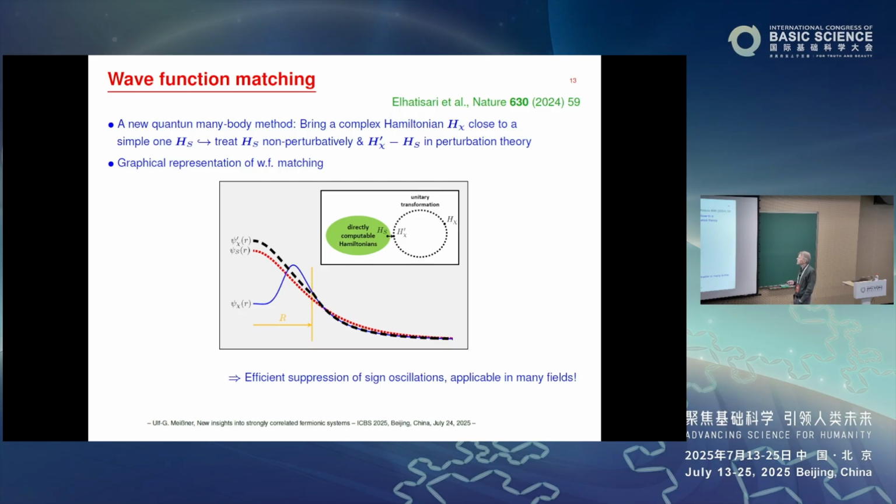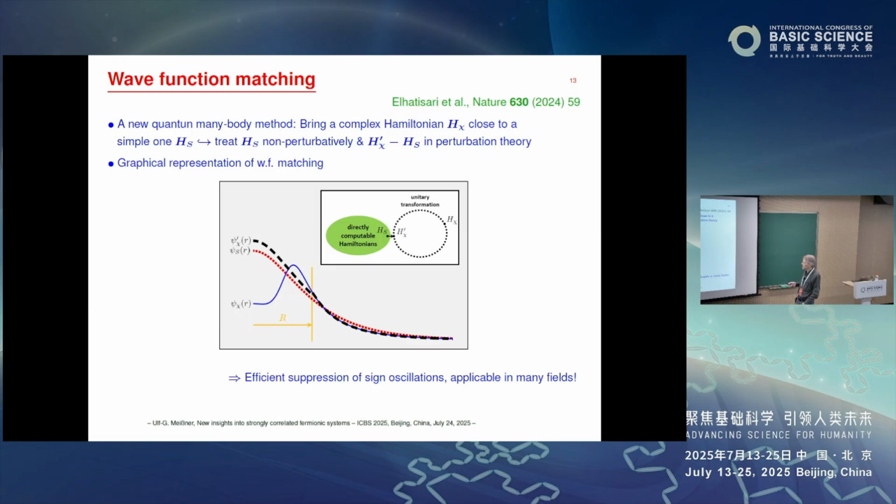So this is what is called wave function matching. It's a new method which we developed for quantum many-body systems, which was published in Nature last year. The point is that you have some directly computable or soft Hamiltonian, like the SU4 symmetric Hamiltonian, and then you have a more complicated, say, a chiral Hamiltonian.